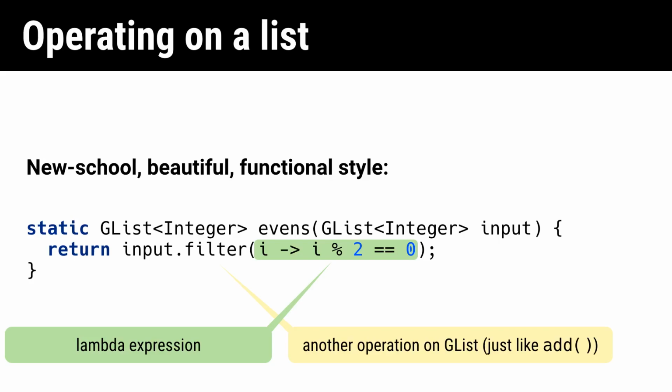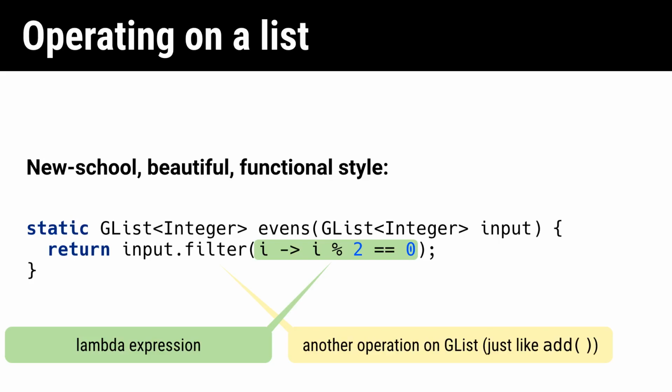Instead, we're going to write code that looks like this. So here's a function evens. You give it a list of integers, and it gives you back a list of integers. And what it says is take my input and filter all the integers, i arrow, i mod 2 equals 0. That expression there in green, that's a lambda expression.